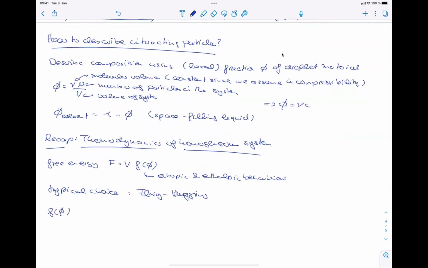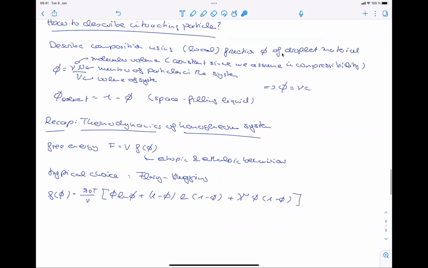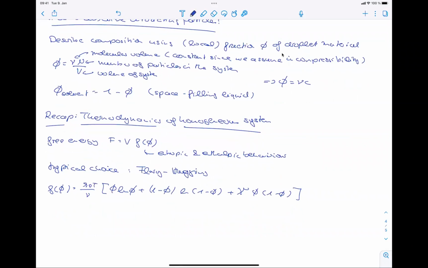So we can find it again, and now written in terms of these concentrations. So again here the interaction parameter, the entropic, and this is the energy.